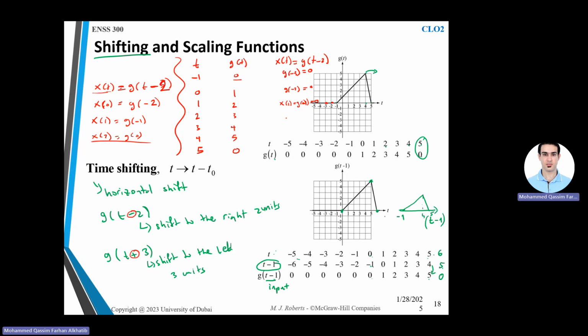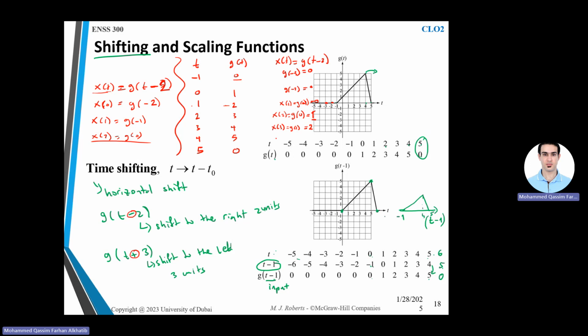That's a 0. Now, x of 2, g of 2 minus 2, g of 0, equals. So at t equals 0, g was 1. At x of 3, g of 1, what was the value of g when time was 1? So that's the time, the value was 2.